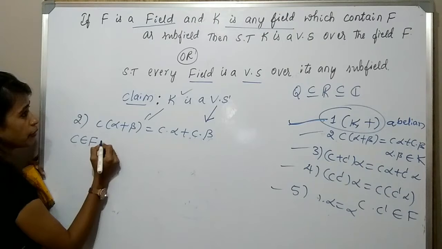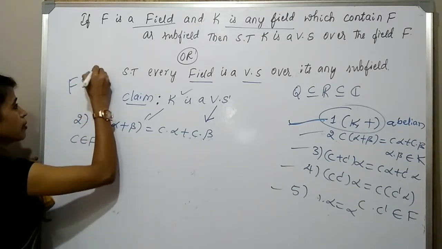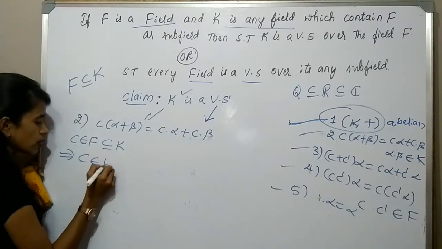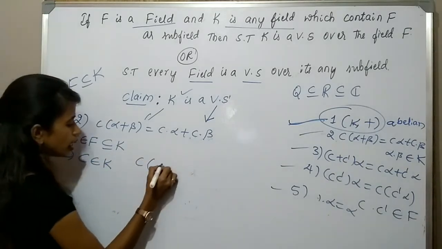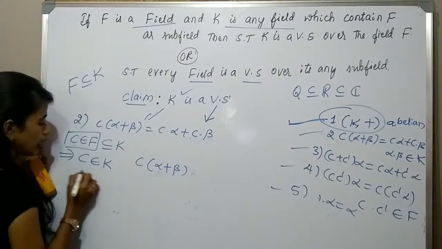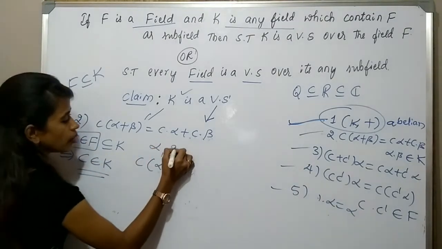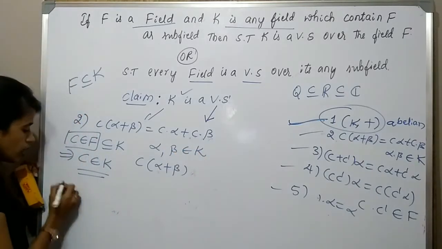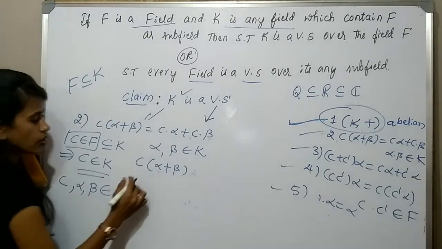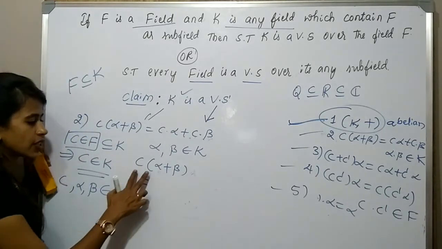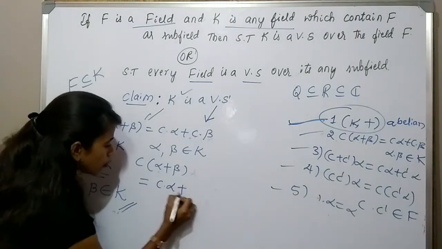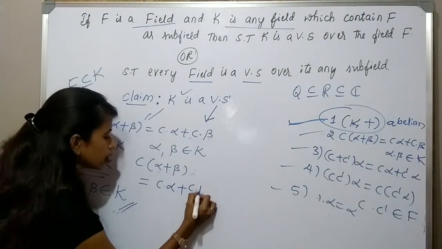The field F. But F is a subfield of K, therefore a subset of K. This implies c also belongs to K. Here alpha and beta belong to K. So now c, alpha, beta, all the elements belong to K.